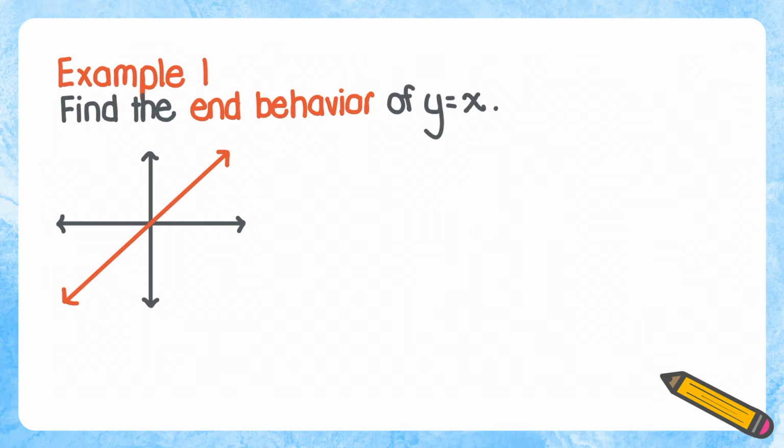Okay, so let me write the limit notation in the order that I say it. So the limit of f of x, or y, same thing, as x approaches infinity equals, and we got to find out what our y value is as we go to the far right.